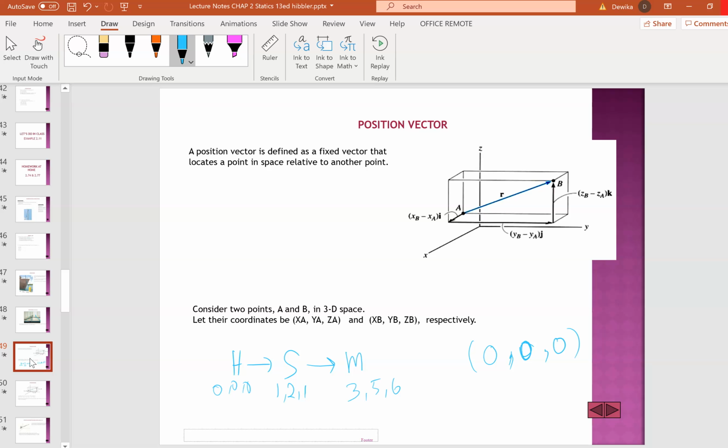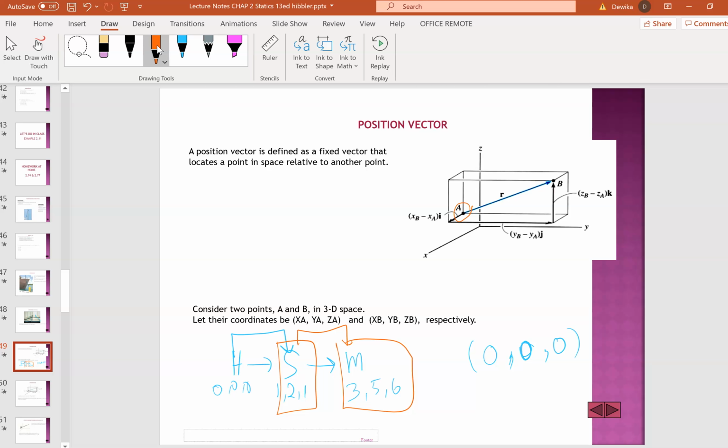So not all the time you start with 0 0 0. Sometimes your journey can just be from Sunway to Mid Valley. Sunway has its own coordinate, whereas Mid Valley has its own coordinate. So that's where this case comes in.